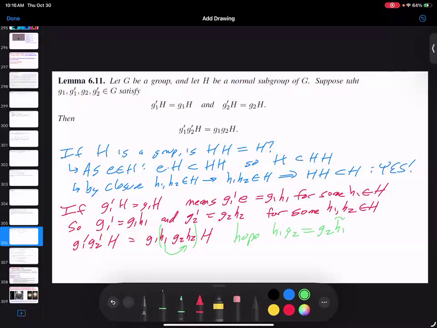What do we know about H? What's our assumption about H? So you've got the statement of the lemma right here. What are we assuming about H? Normal subgroup. So somehow the fact that it's a normal subgroup has to help us here.